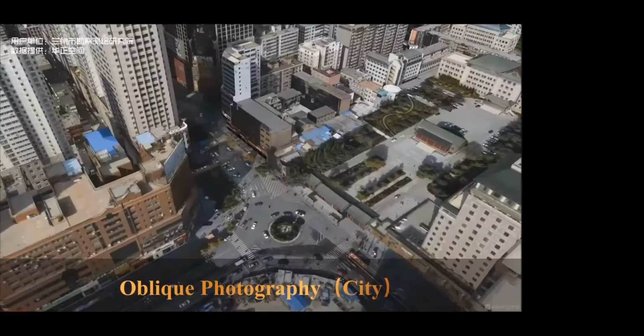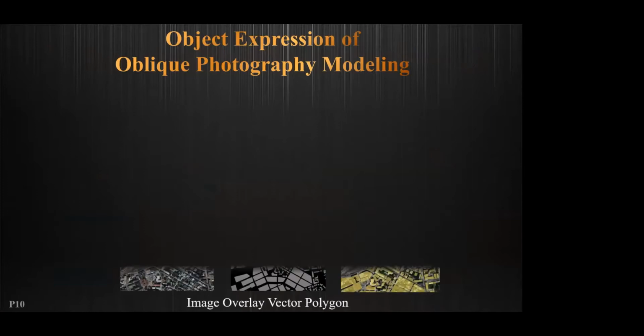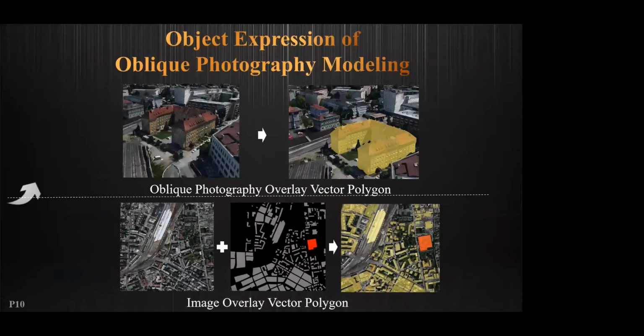There are 4 advantages of oblique photography modeling, which are high efficiency, high realism, high accuracy, and low production cost. So oblique photography is a very important model format in smart city construction or digital twin city construction.